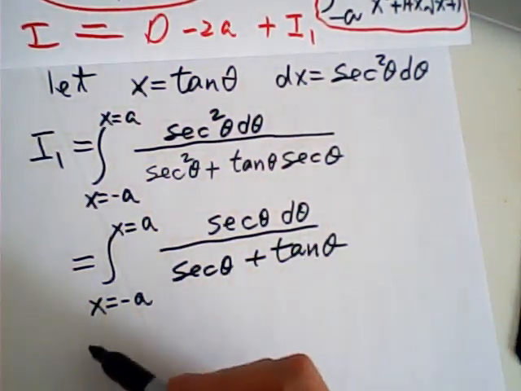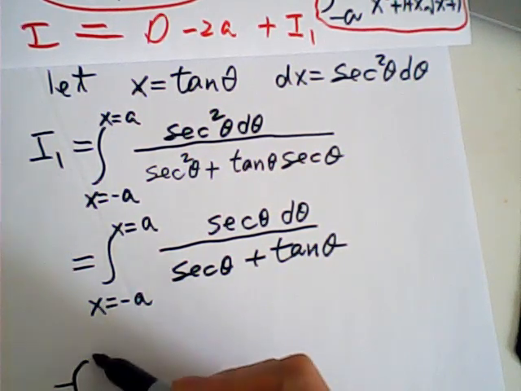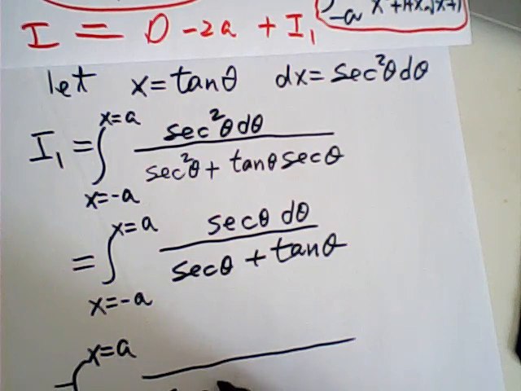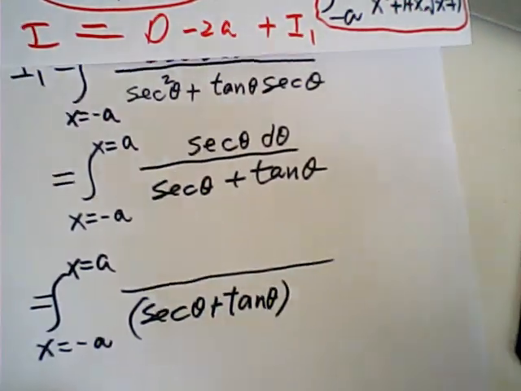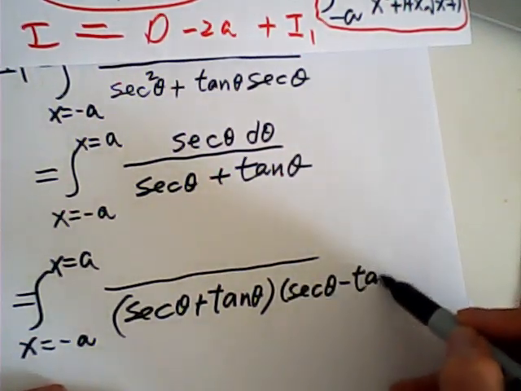I multiply by secant minus tangent, x from negative a to a, and times secant theta plus tangent theta multiplied by secant minus tangent.